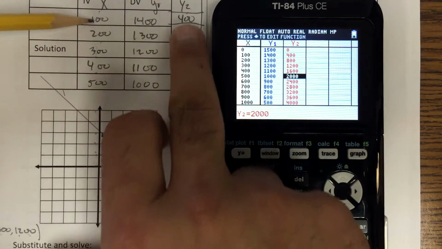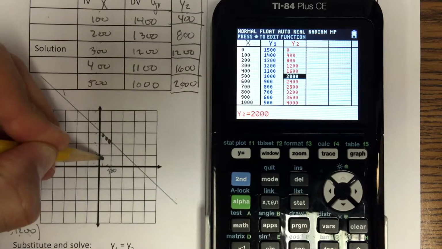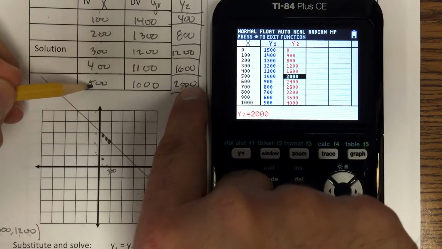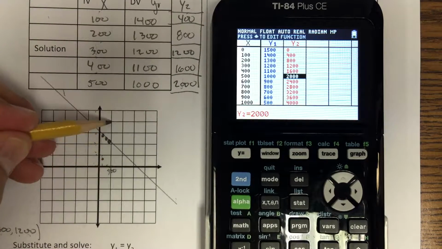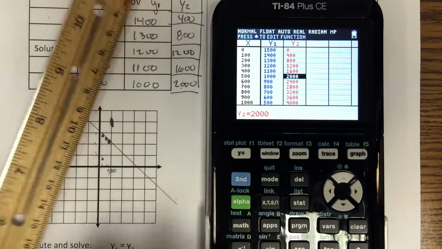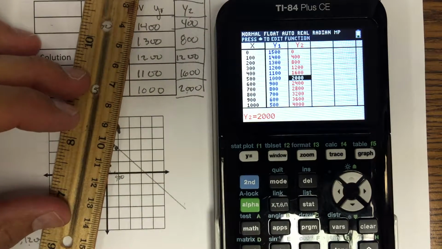So we've still got that one. So 100, 400. It's going to look like this. And let's do just this one for fun. 500, 5, 10, 15, 2000. Now, if we did that right, that should connect a little bit. And it looks like it's a little off.